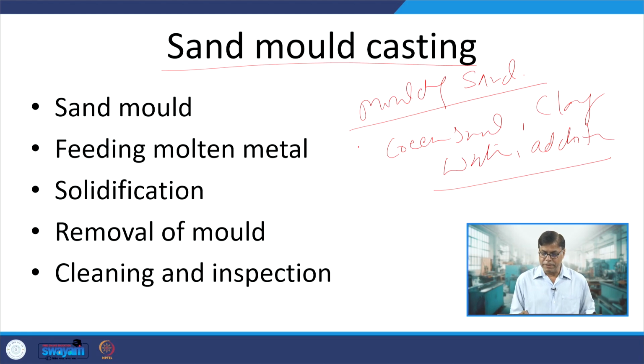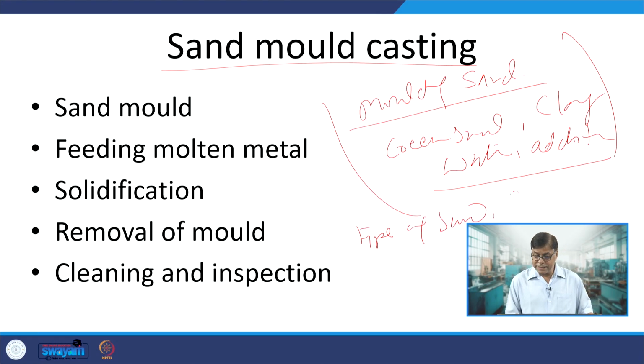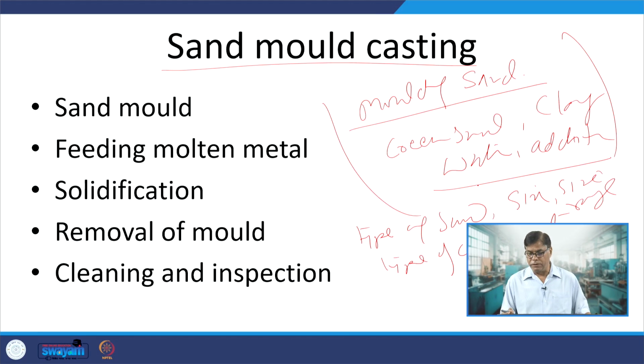So we have to see the type of sand, the size range of the sand particles, and the type of clay being used, because different clays offer different refractoriness or thermal stability. Water also affects the strength of the mold, and then there are additives, which help in developing specific kinds of properties.